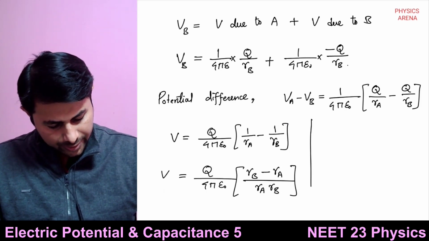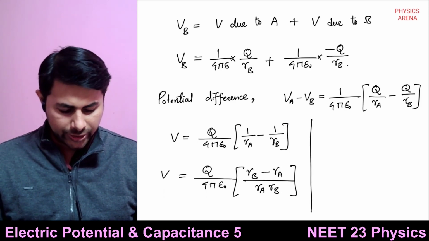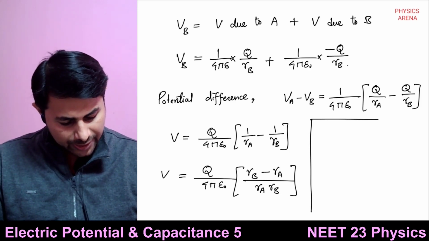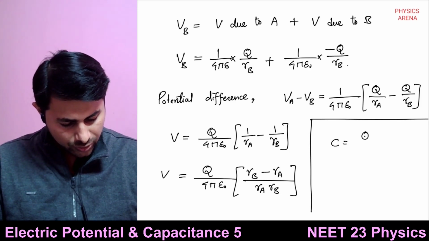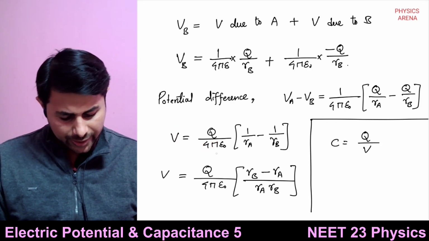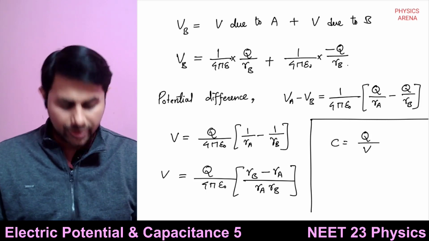And then we want the capacitance, which is charge divided by potential difference. So what is capacitance? It is Q upon V. If we divide by V, the other things go to the other side.